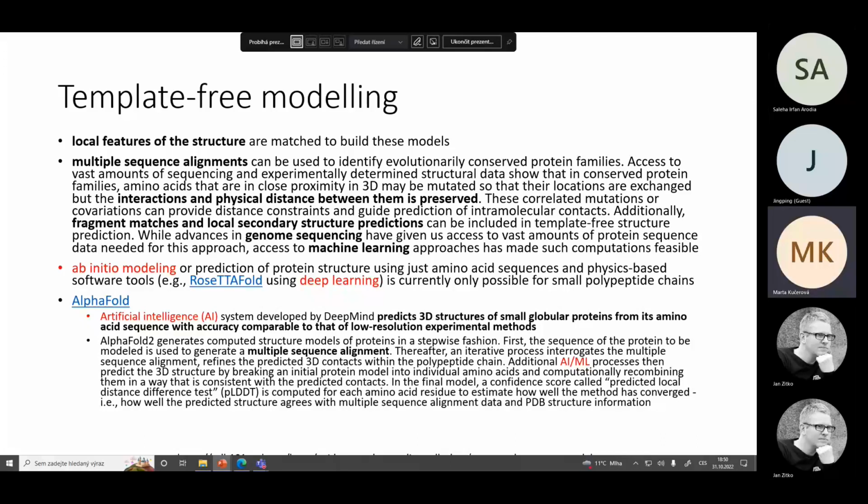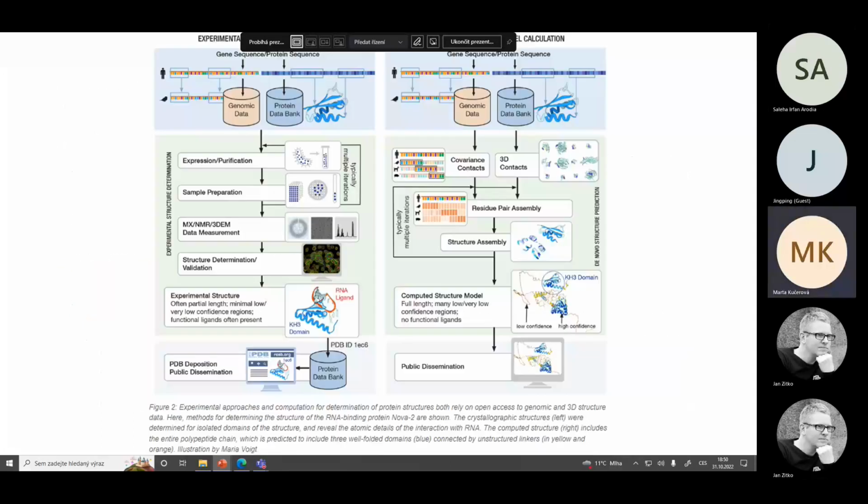Okay, so we mentioned the experimental methods for structure determination, and we also mentioned some theoretical methods for structure prediction. This is an overview: on the left side, how the process goes in experimental methods, and on the right side, the calculations.